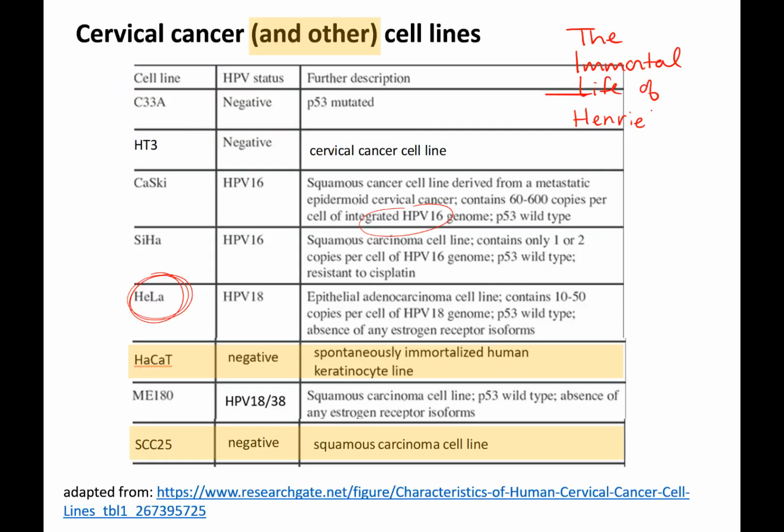Lacks. HeLa cells. Famous cell line. Taken from this woman with cervical cancer, kind of without her knowledge. Very important kind of case in what are your rights as a patient. I worked with HeLa cells for many years when I was doing my graduate work, had no idea where they came from. So if you get a chance, read this book. It's a really good read. Good story and brings up interesting ethical considerations.